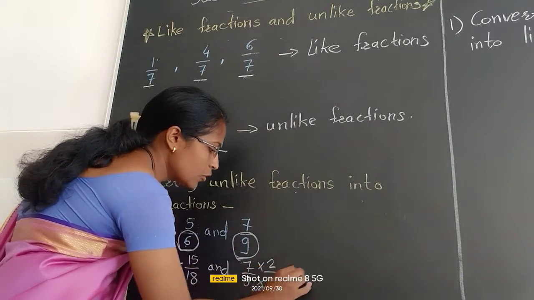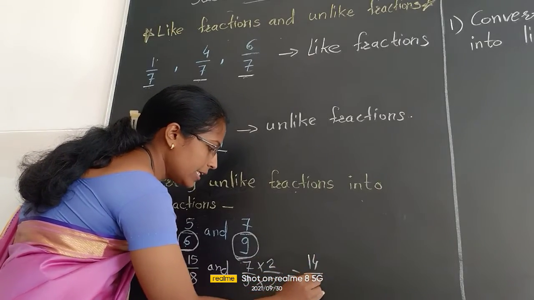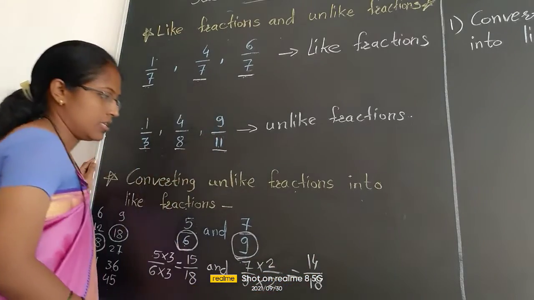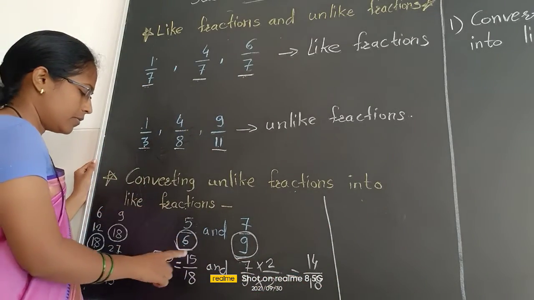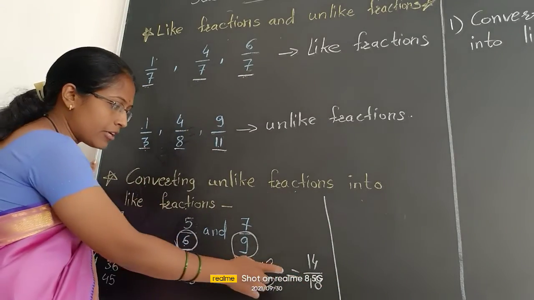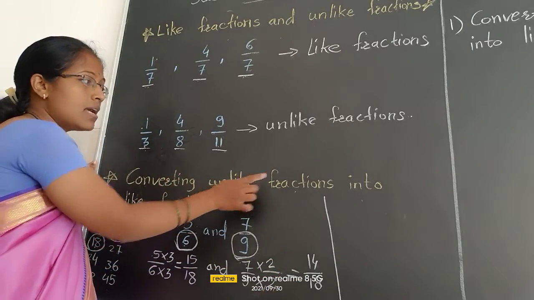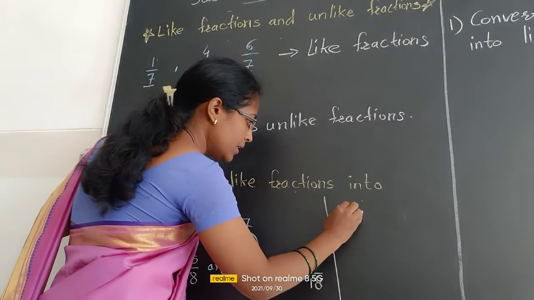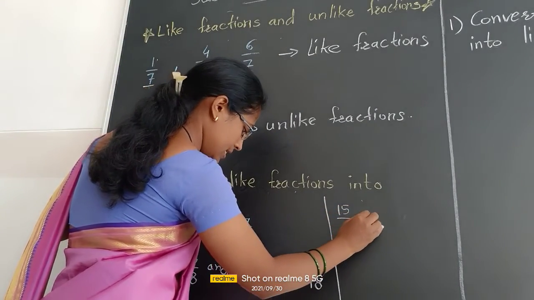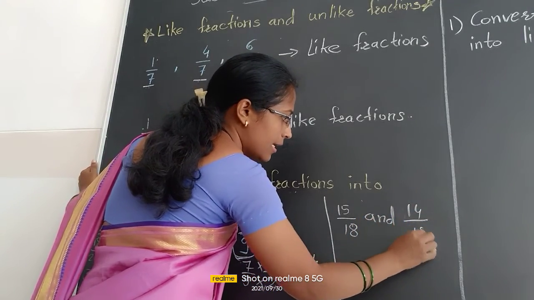By multiplying by 2 we will get 14 upon 18. So we are taking the equivalent fractions of the given ones. Then we will get like fractions, that is 15 upon 18 and 14 upon 18.